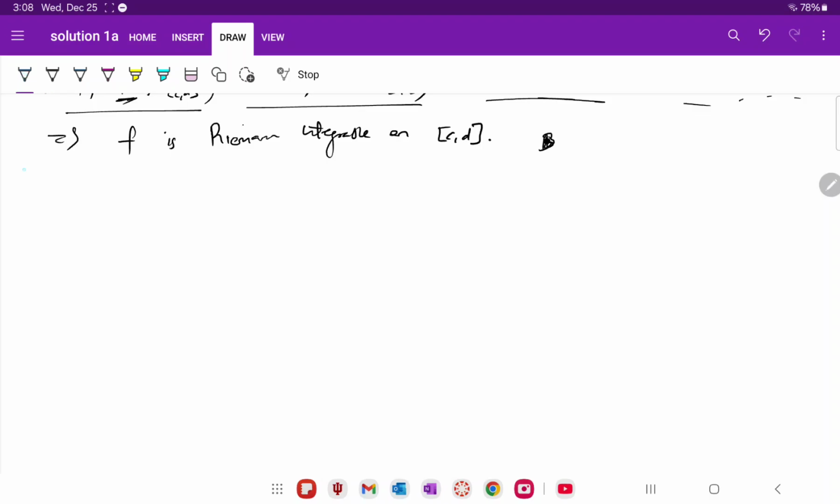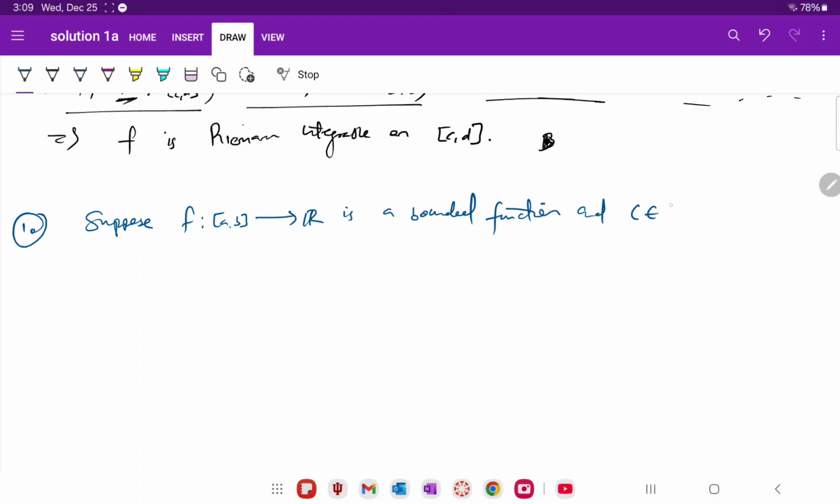So question 10, suppose f from a, b to R is a bounded function and c is an element of a, b.